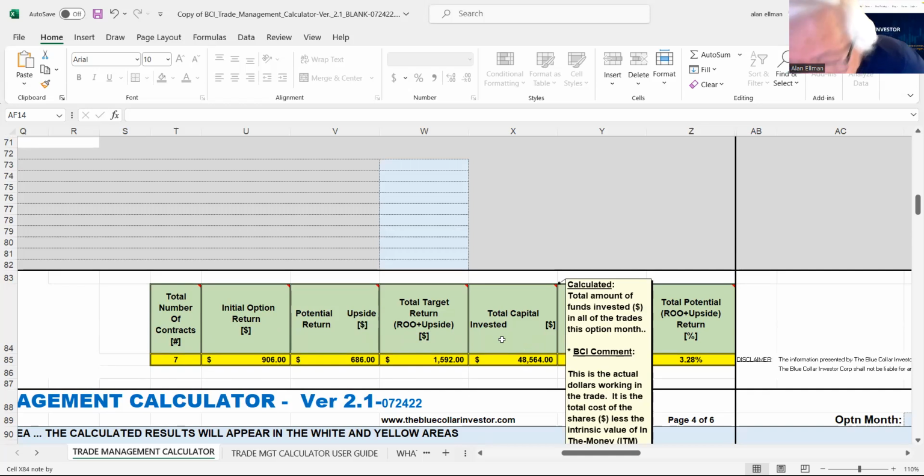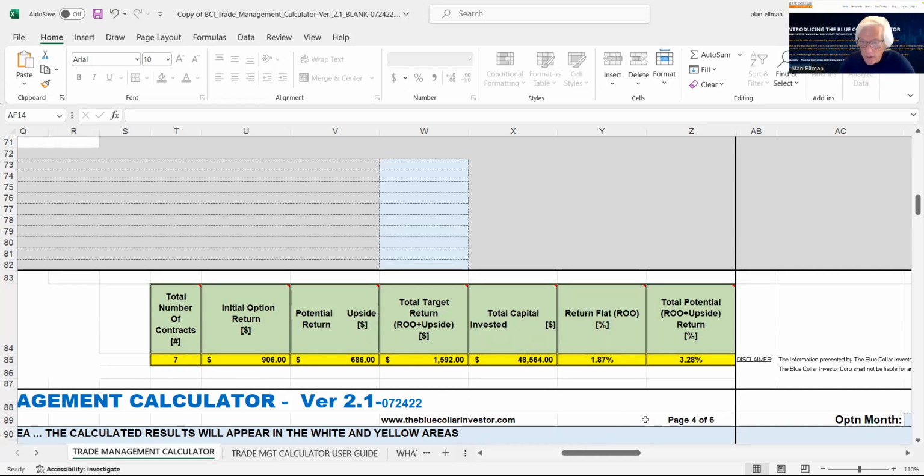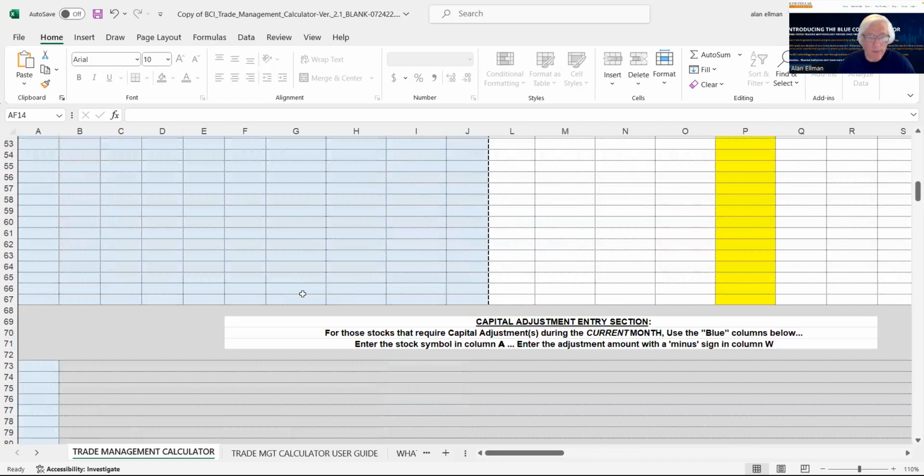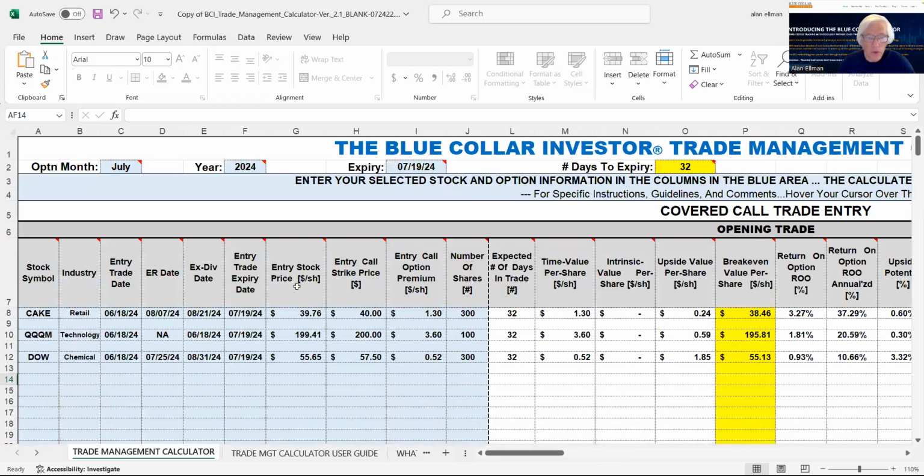Okay, so I just had to shut the door for a second. Okay, so now the flat return was 1.87%, and the potential with upside is 3.28%. So that just gives you an idea as to the possibilities when you're using these strategies in a diversified manner, using a screening process that involves fundamental, technical, and common sense principles.